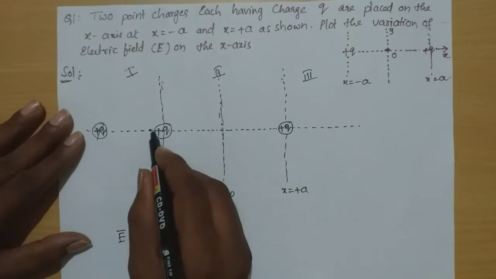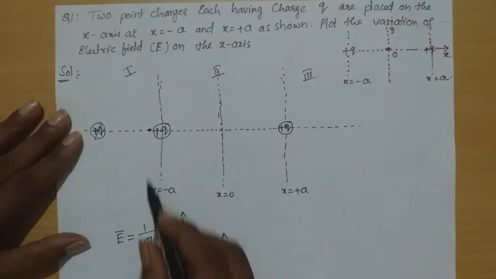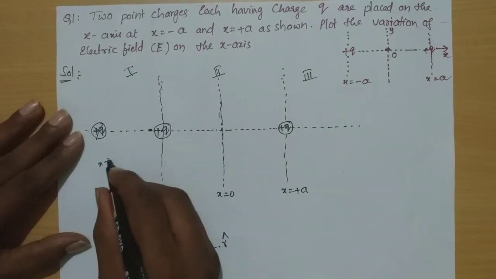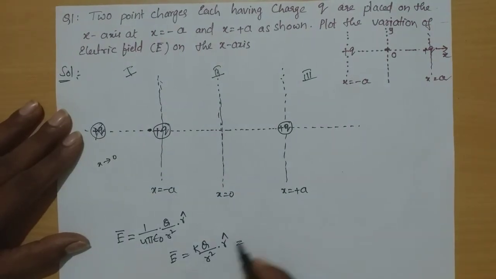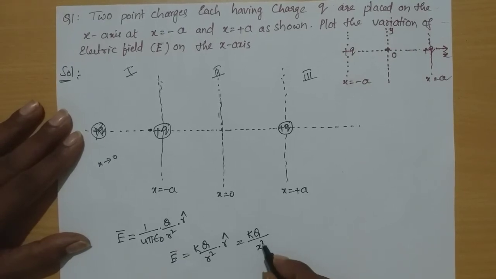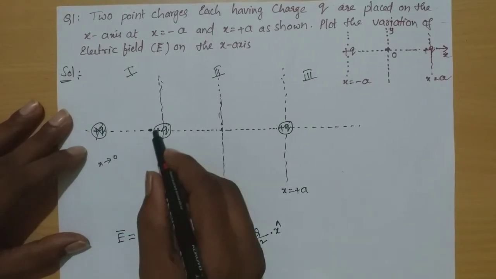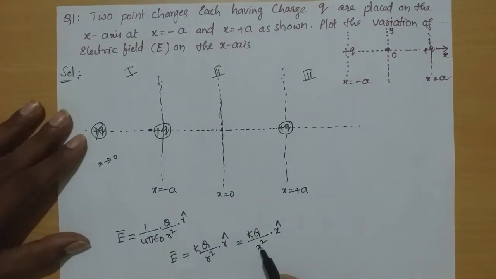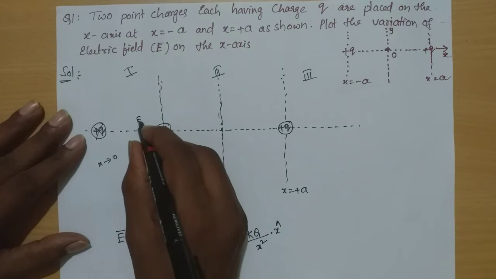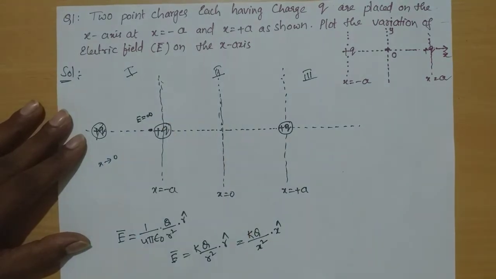Very near to this charge, x tends to 0. Rewriting the formula, k q by x square into x cap. If x tends to 0, then we will get E equal to infinity. That means at 0 we get the electric field equal to infinity.